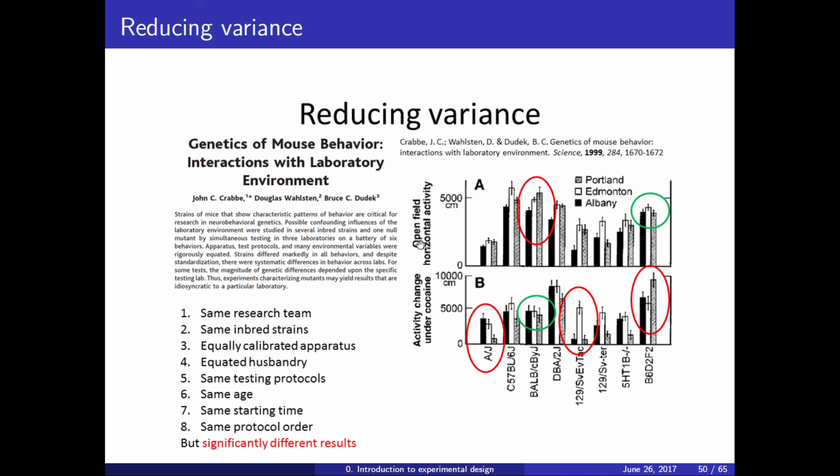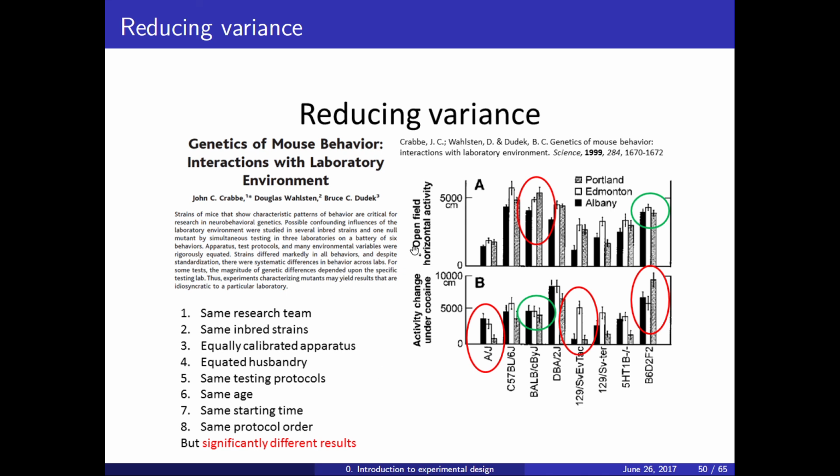It was the same research team that moved to the 3 places. They were using the same inbred strains. They calibrated their apparatus the same way, same husbandry, same age, same everything. Everything that they could think of, they did the same.